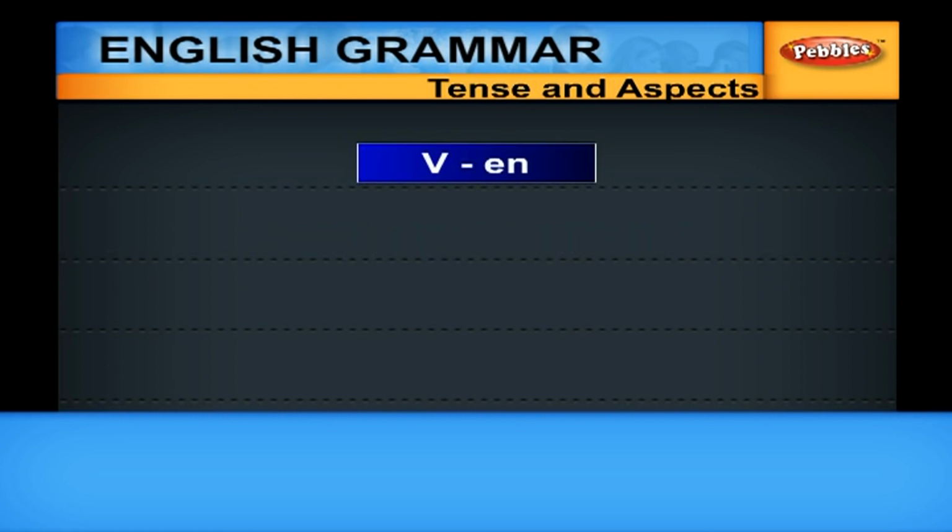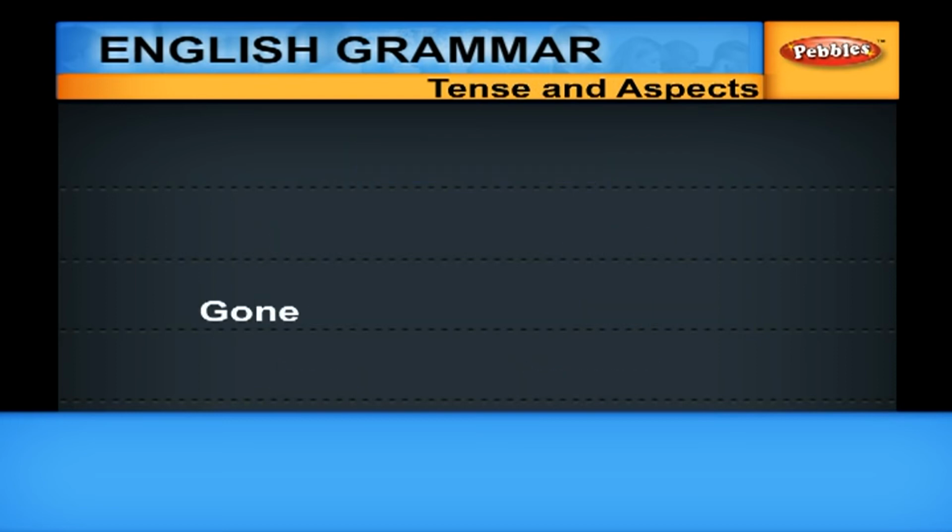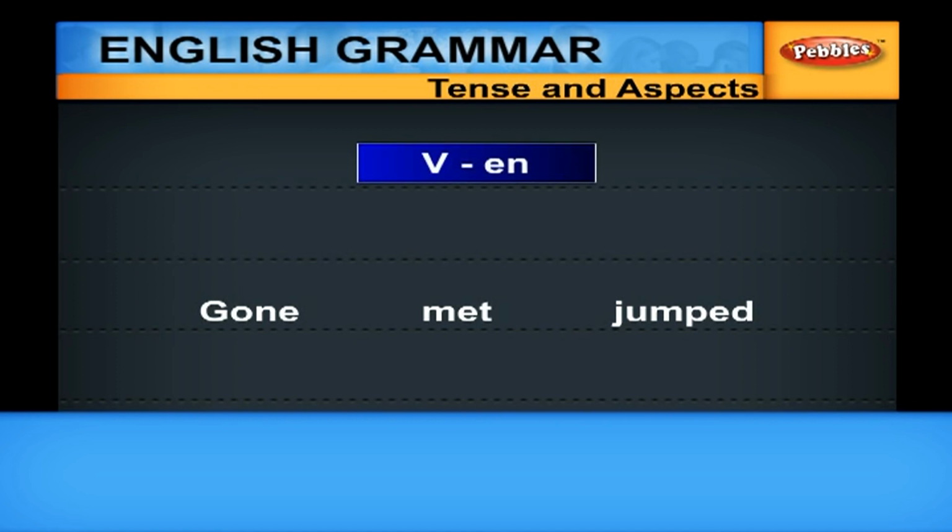VEN forms. Now we will study about VEN form. Observe the base verbs and how they change here. Go, gone. Meet, met. Jump, jumped. Gone, met, jumped. This is what we call past participle.